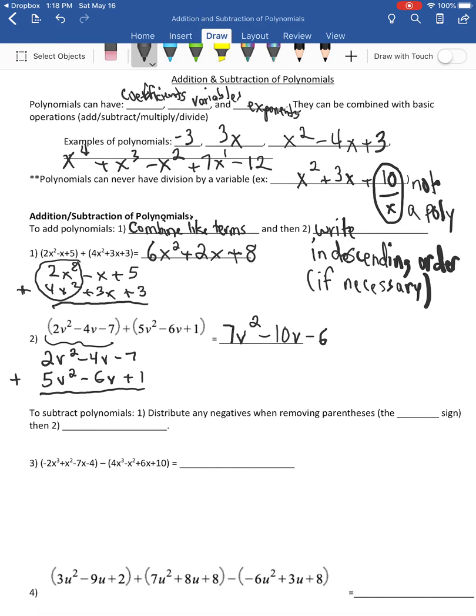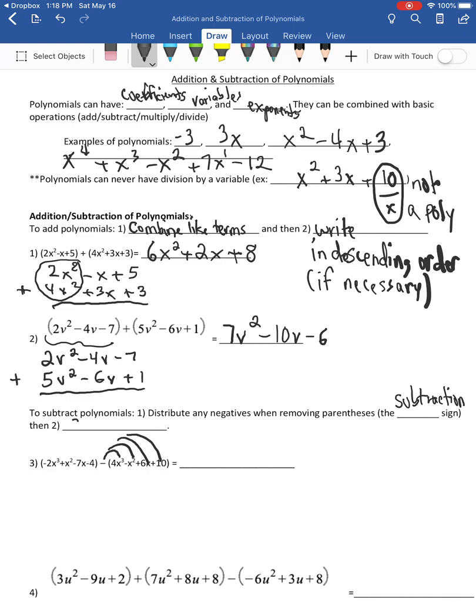So for subtraction, there's an extra step. To subtract polynomials, we're going to distribute any negatives when removing the parentheses. Okay, so over here, we have this negative or subtract that we're going to have to distribute through this second polynomial. Okay, so distribute any negatives when removing parentheses, which is the negative being the subtraction sign.